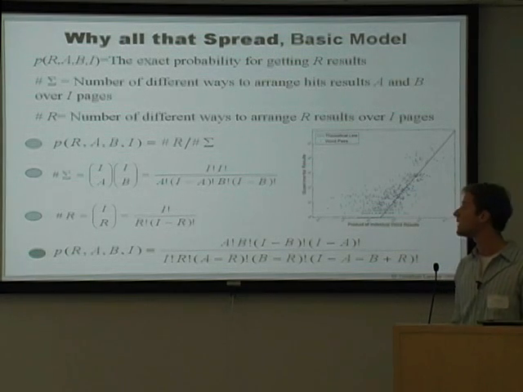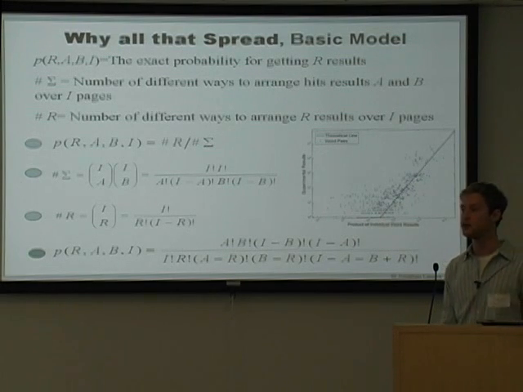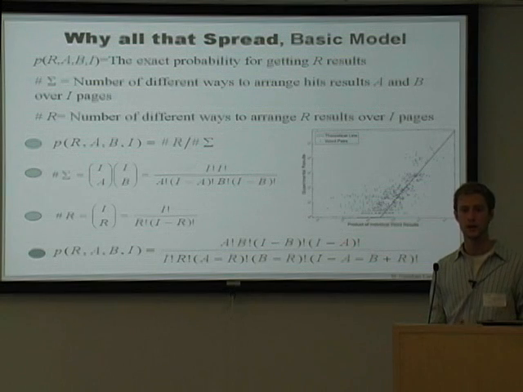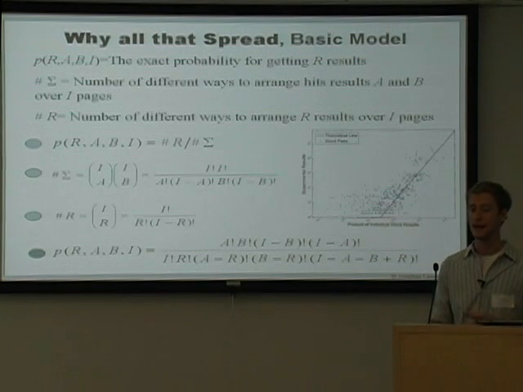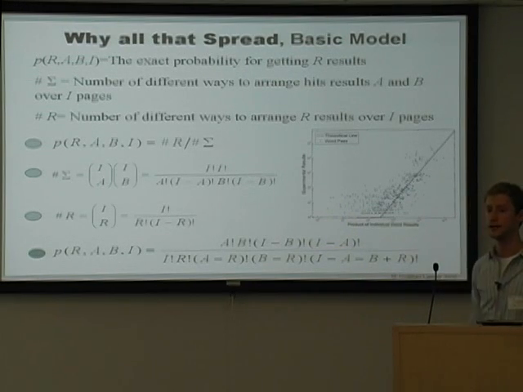It doesn't matter which page you choose. So the probability of a hit being on a page will be equal to the total number of ways to combinatorically arrange R hits over I pages, divided by the total number of ways to arrange both hits A and B, scattering them across the I pages. And so you can solve for that, and you get this big formula here.